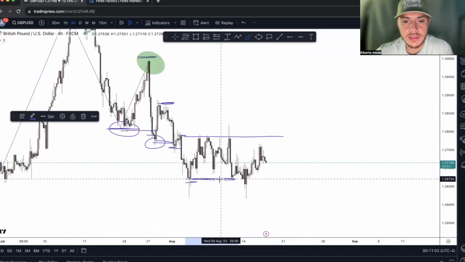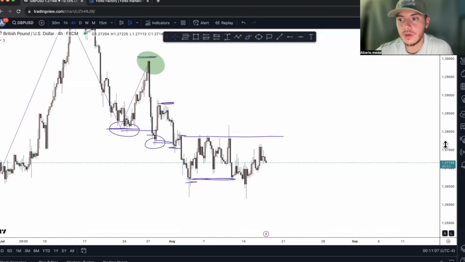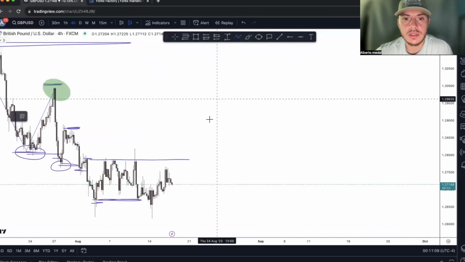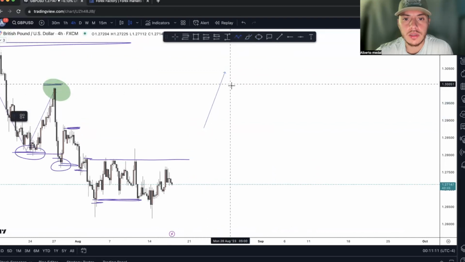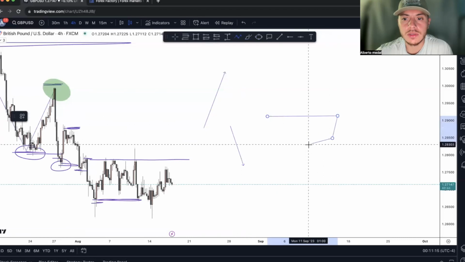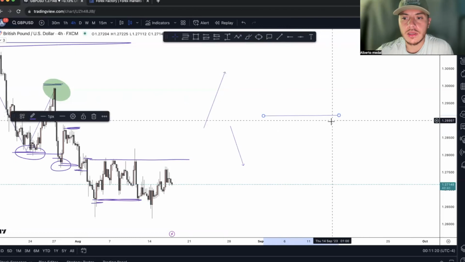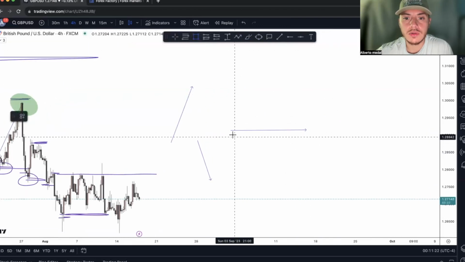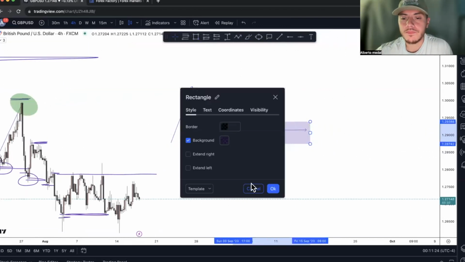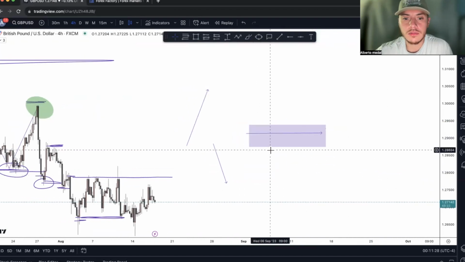As it came back down to the support level, price can go three different directions. It can go up, it can go down, and then it can go sideways. When the market is going sideways, that means it is just consolidating.